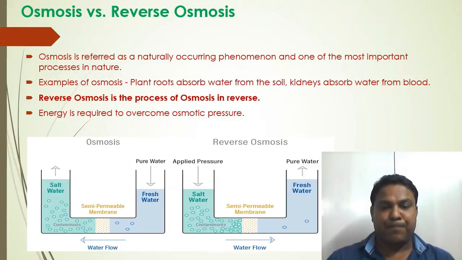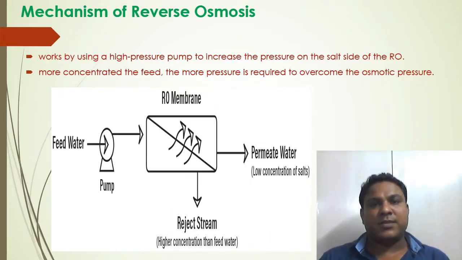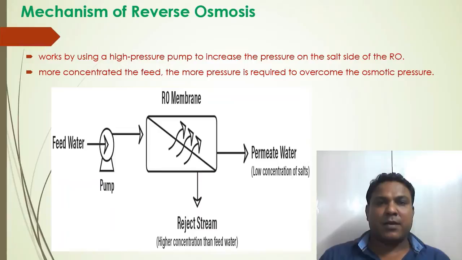Below is a diagram outlining the process of reverse osmosis. When pressure is applied to the concentrated solution, the water molecules are forced through the semi-permeable membrane and the contaminants are not allowed through. Thus, to understand how the RO membrane functions, we need to understand the mechanism of reverse osmosis.